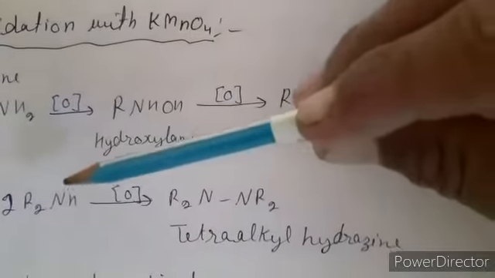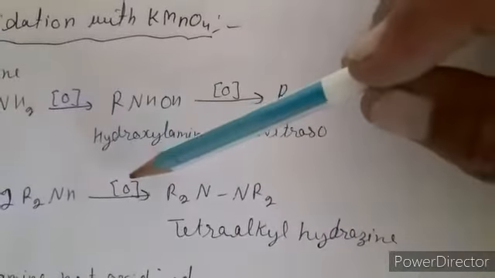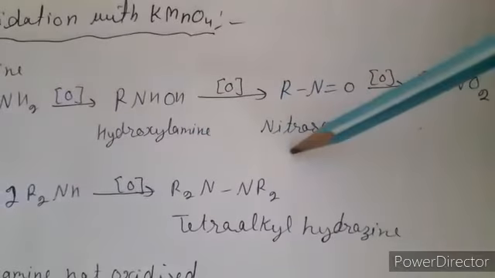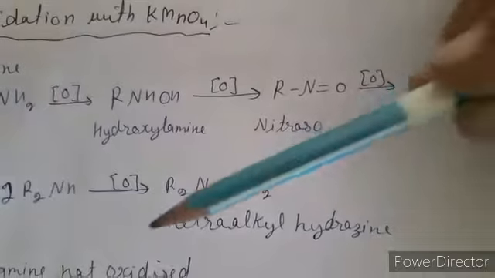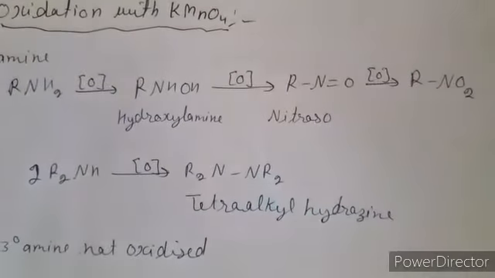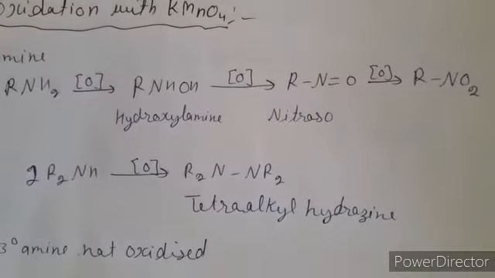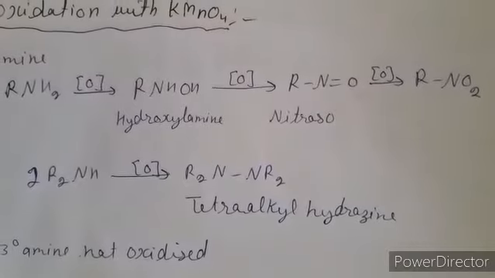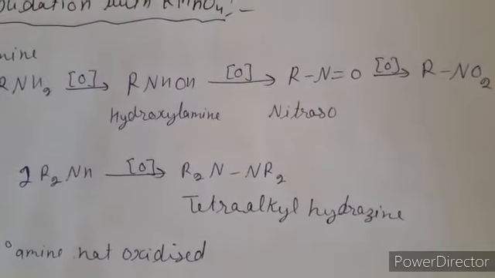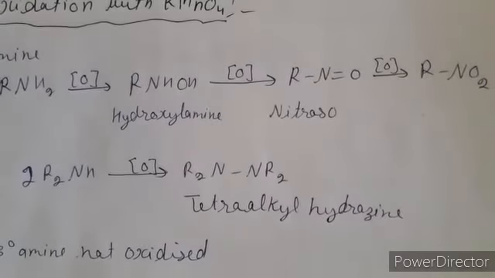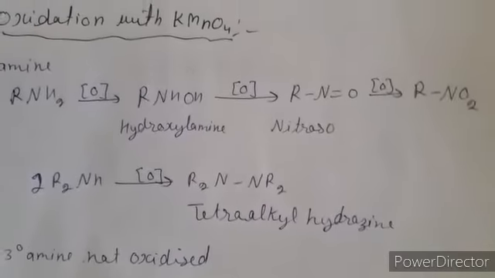Similarly, a secondary amine oxidizes in the presence of KMnO4 to produce only tetraalkyl hydrazine, but a tertiary amine is not oxidized by KMnO4. If the primary amine NH2 group is attached to a tertiary carbon, it oxidizes with KMnO4 to give a good yield of nitroalkane.